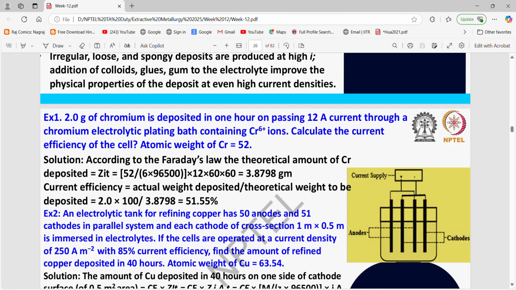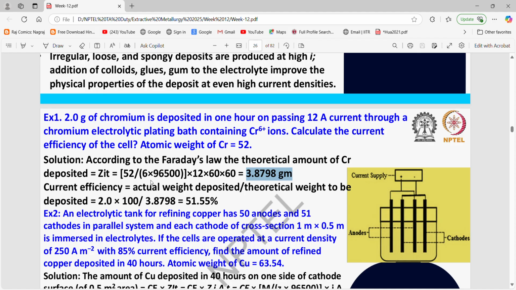We are trying to deposit in 1 hour, so Z will become 52, the molecular weight, divided by the ions present, and Faraday's constant, into 12 ampere current we are applying, into 60 into 60. So we are converting this time of 1 hour into 3600 seconds, and the gram which can be deposited will be around 3.87 gram.